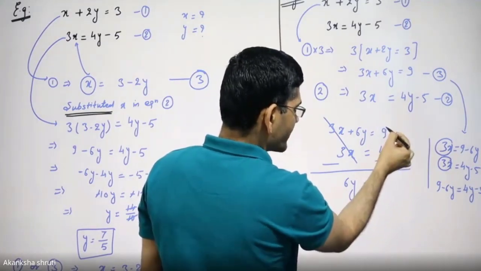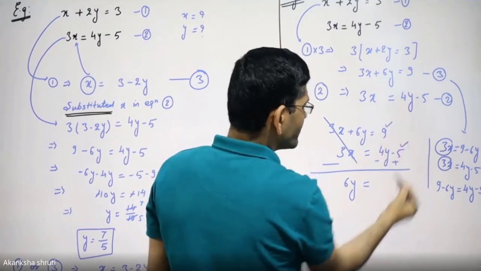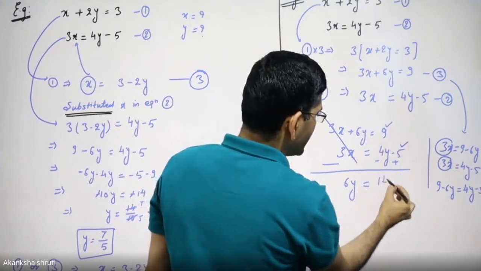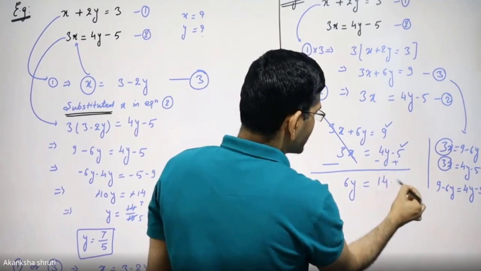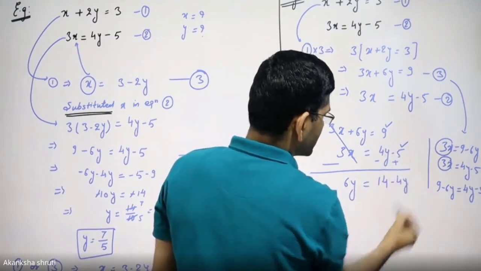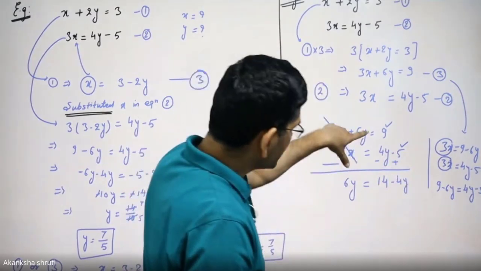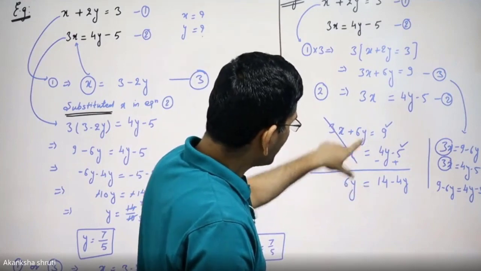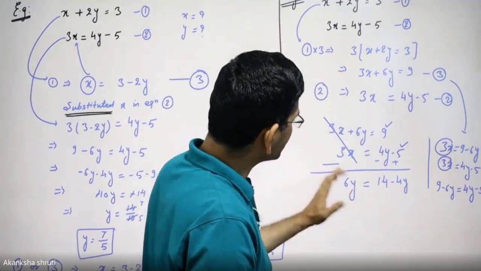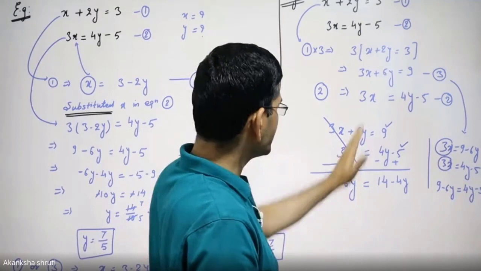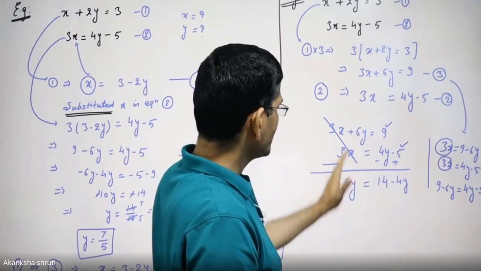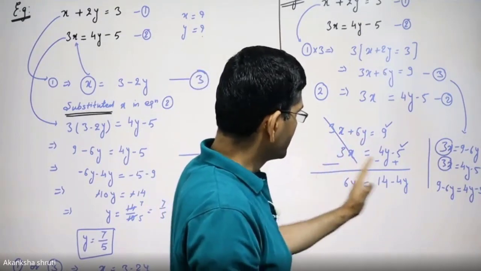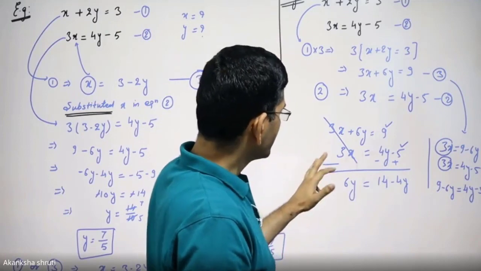So it is 9 plus 5, it is 14. And this minus 4y is here. So keep in mind, the equal sign always aligns. Whatever the terms on left hand side, you keep it on the left hand side. Change it, means change the sign of this second equation for all the terms.